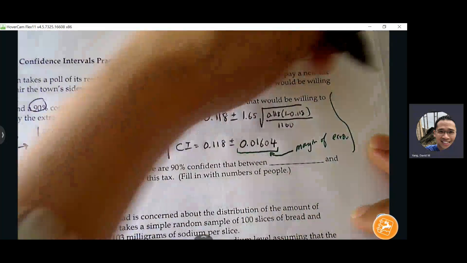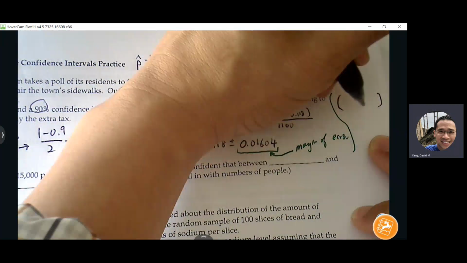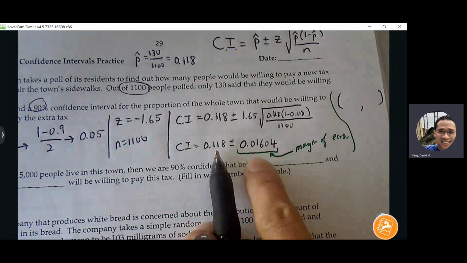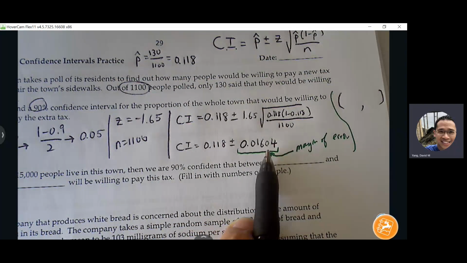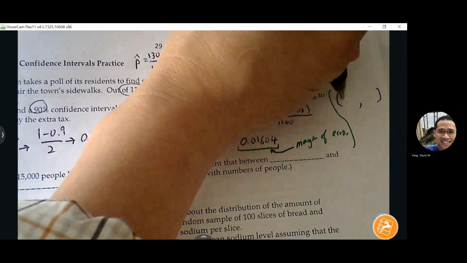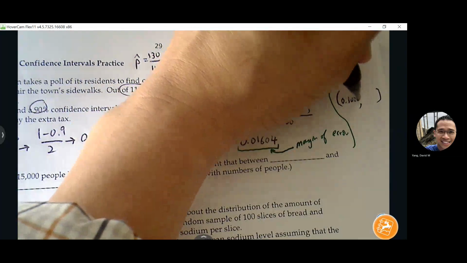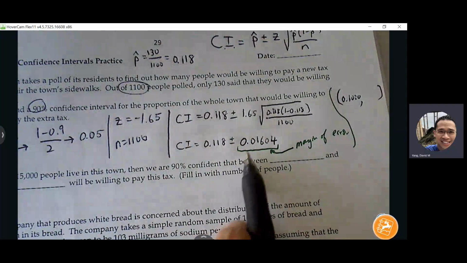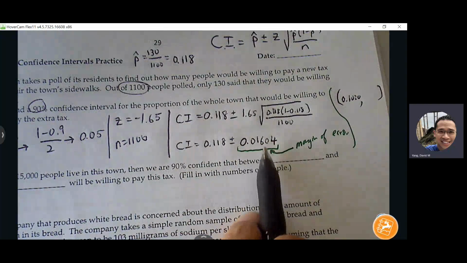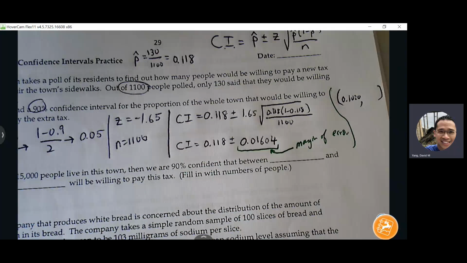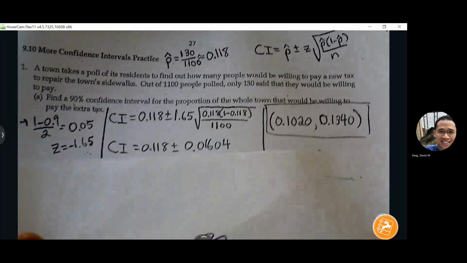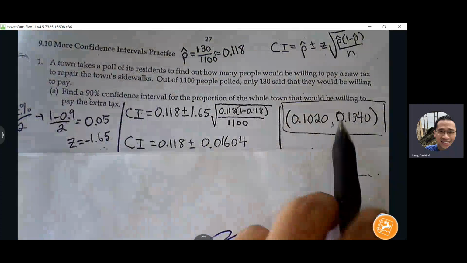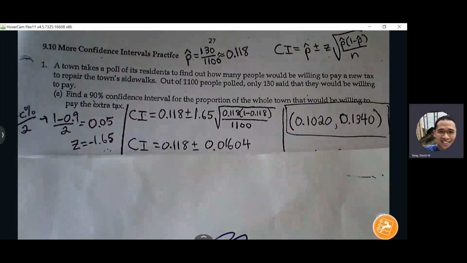Okay, so our confidence interval is going to range between two values. If I do 0.118 minus 0.01604, that's your lower bound. And if I do 0.118 plus 0.01604, that's going to be your upper bound. So the upper bound is going to be 0.1340.